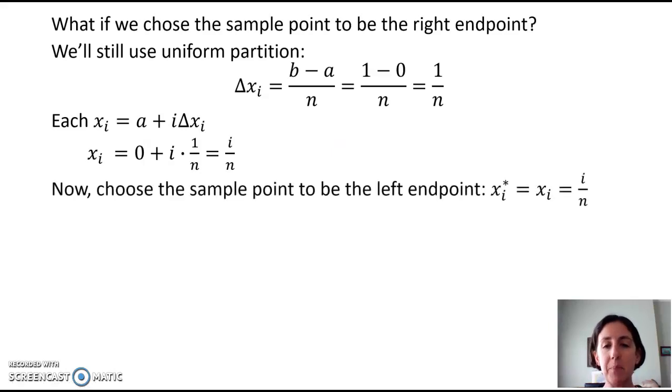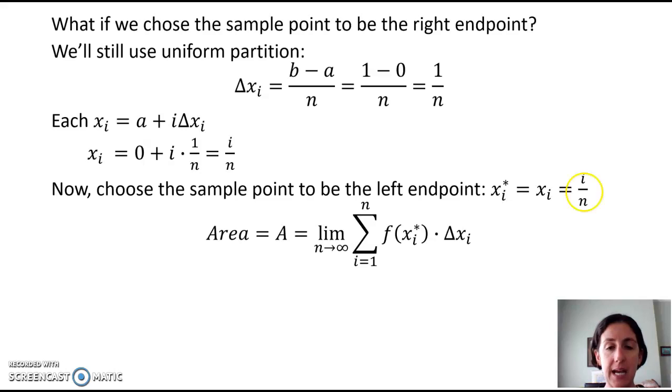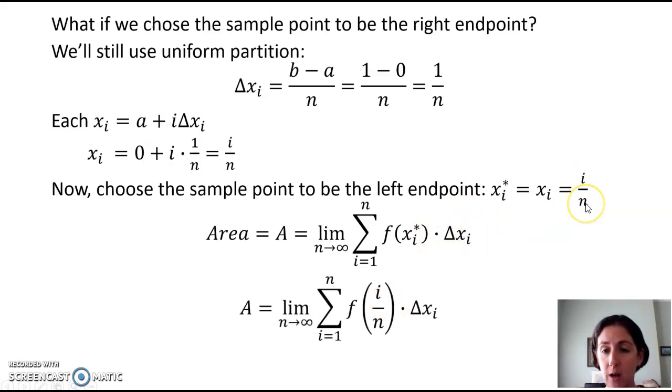But now our sample point is going to be the right endpoint instead of the left endpoint, so it's going to be xi. So xi, we just found here, is i over n. So now I'm going to do the same thing. I'm going to take the area, which is the limit as n goes off to infinity, of the sum from 1 to n. Remember, this is the height of the rectangle times the width of each of those rectangles. But now my xi star is i over n.